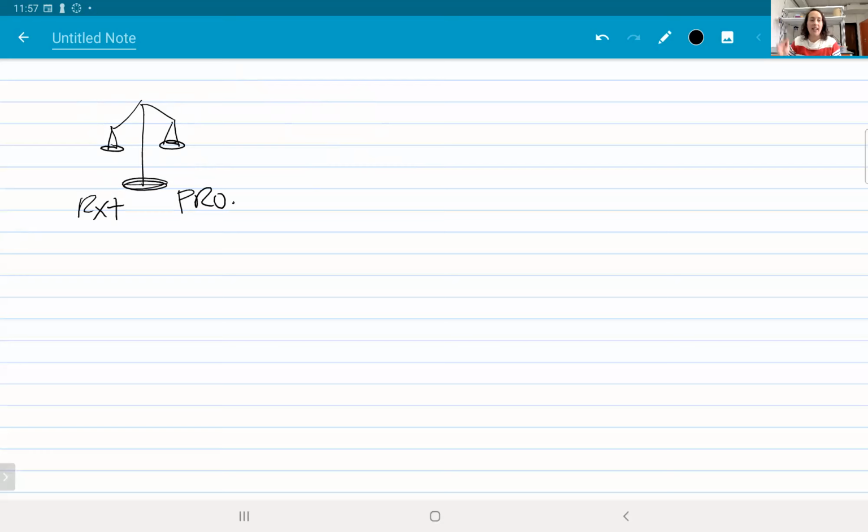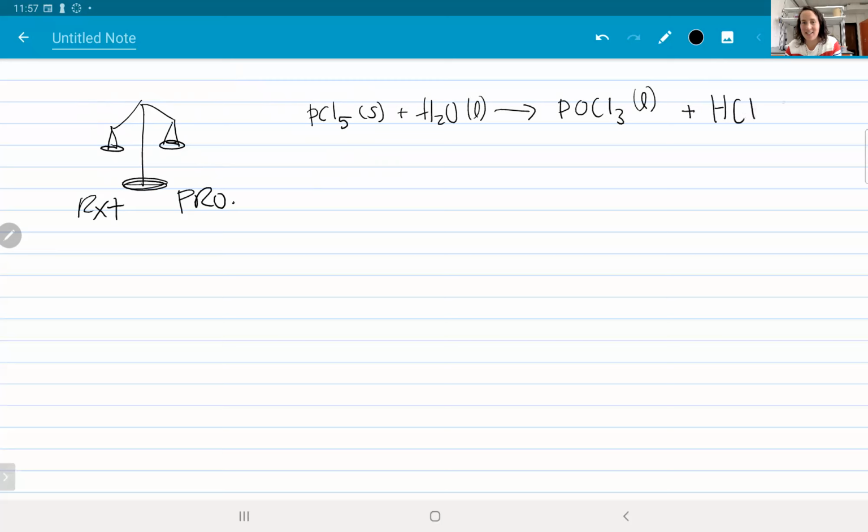So at the very end, there are exercises for chapter 4, and it's question number 3, and I'm just going to work the very first one, A, which is PCl5 solid plus H2O liquid yields, so whenever we write that arrow, we can say that it's yields, POCl3, that's an organic reaction species you'll be seeing next year, and HCl aqueous, aq.